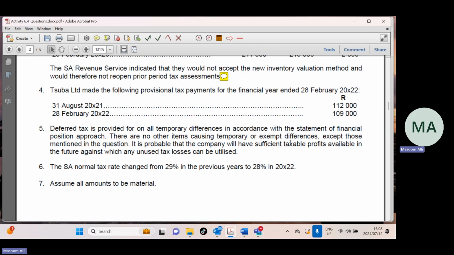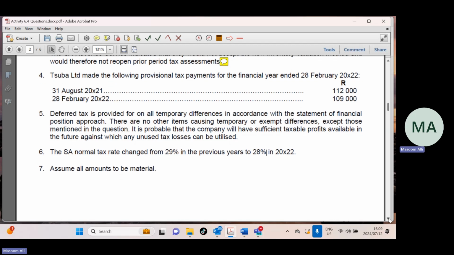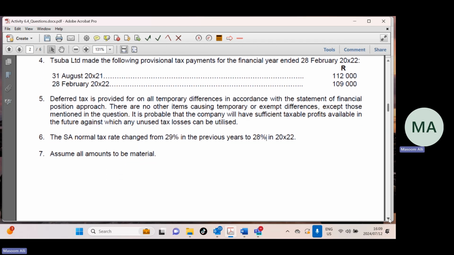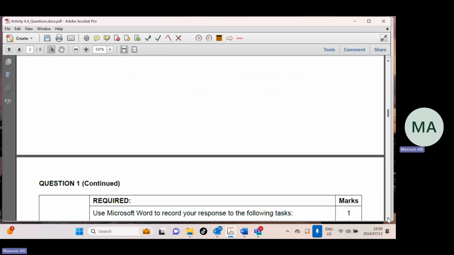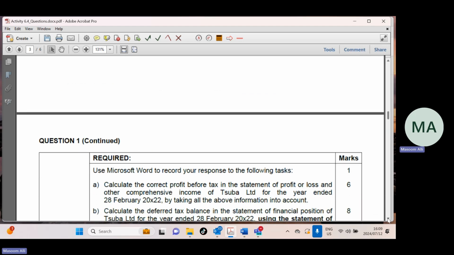You would take your deferred tax opening balance divided by 29%, multiplied by 28%, and the difference is your adjustment. You should know how to do that, and assume all amounts to be material, meaning you don't ignore any amounts that are given to you, which I'm assuming you weren't going to do anyway.